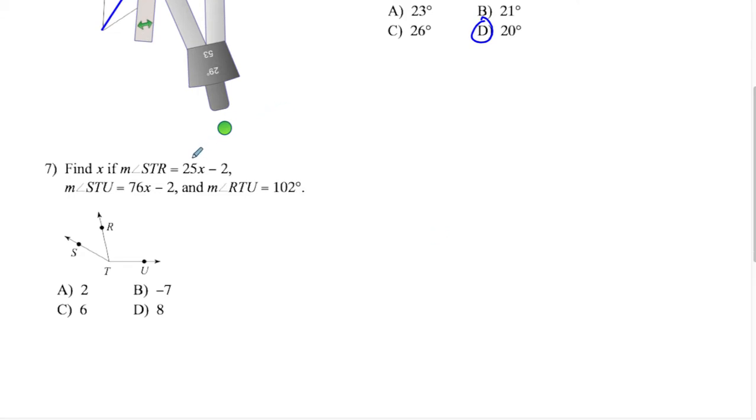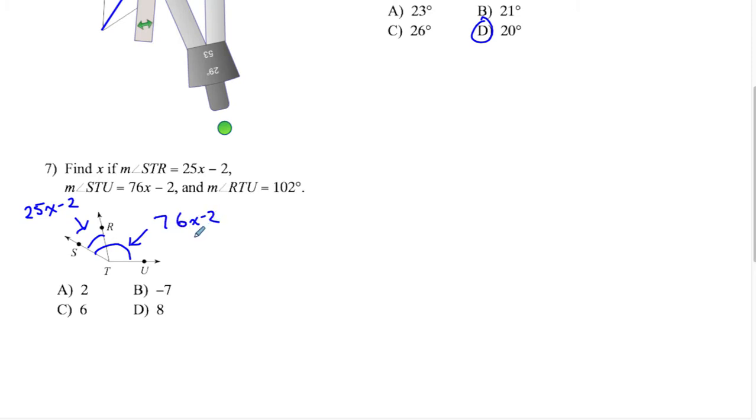And on to number 7, we have STR. So this angle right here is 25x minus 2. And STU, this entire angle here, is 76x minus 2.